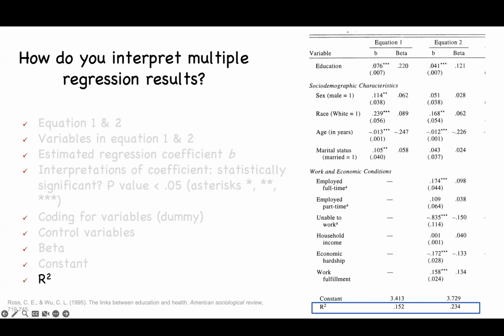However, there's no reason to reject a model if the R squared is small. For example, in equation 1, R squared is small, but we can still confirm that education affects self-rated health. In the real world, a model with a high R squared could be a terrible model. The reasons could be that you put the wrong variables in the model or some assumptions are violated.